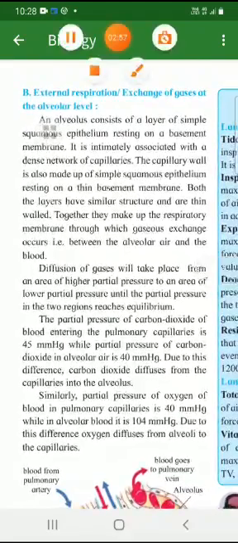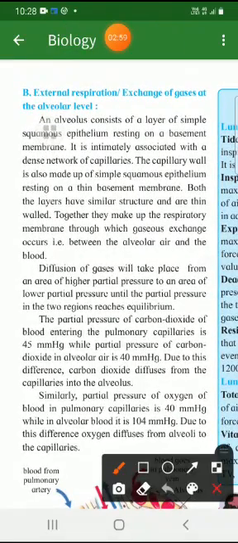So let's see here. We are talking about external respiration, मतलब exchange of gas at alveoli. So first thing you have to mention here is alveoli कौन से सेल से बने? What layer is there on the alveoli? It is simple squamous epithelium.